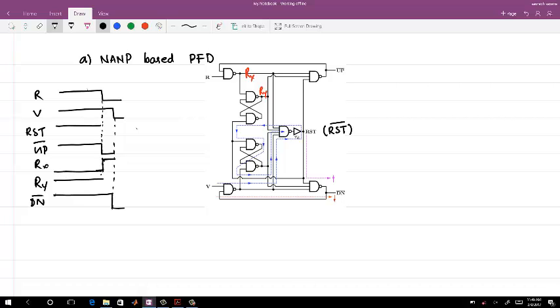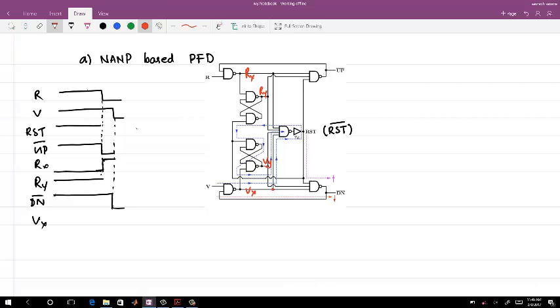So when down bar goes low, I'm marking the other points as Vx, this node, and Vy, this node. Okay, so when down bar goes low, at that time your Vx node actually goes high, like the Rx node.